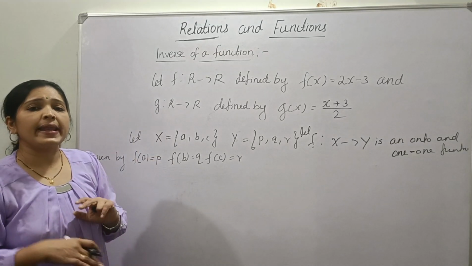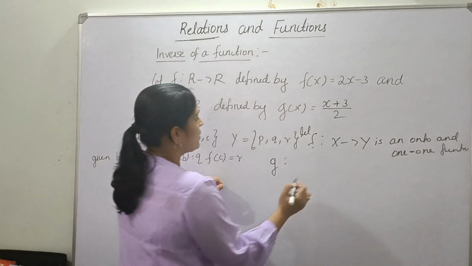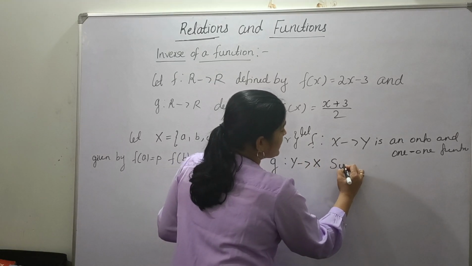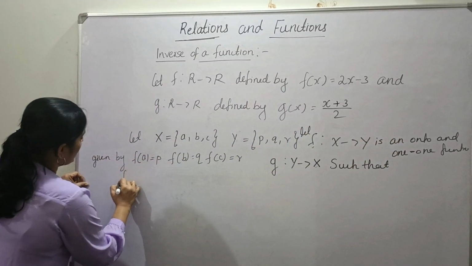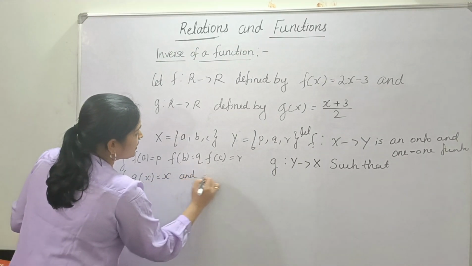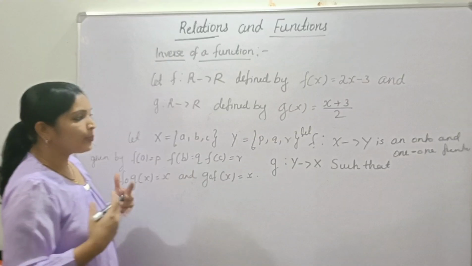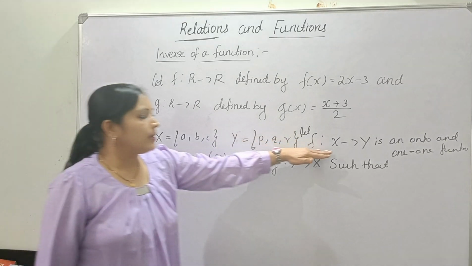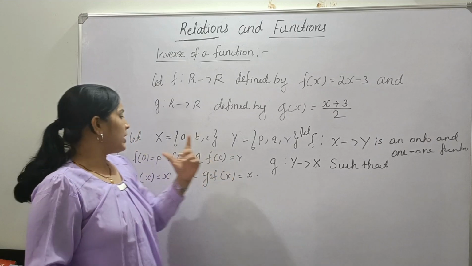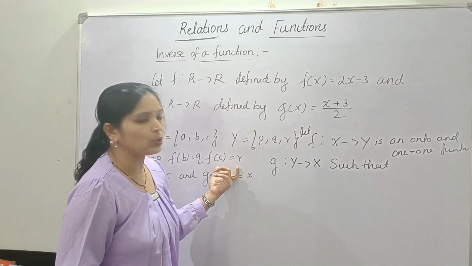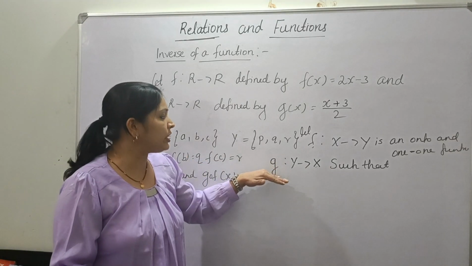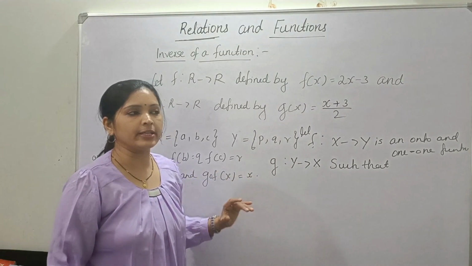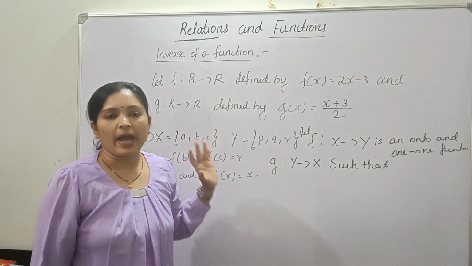Then we can show that there exists another function g from y to x such that f composite g of x is equal to x and g composite f of x is equal to x. You can prove it with an example. Here x is equal to ABC, y is equal to PQR, and we have taken a one-one and onto function given by f of A is equal to P, f of B is equal to Q, f of C is equal to R. Then there exists another function g from y to x such that f composite g and g composite f are identity functions.